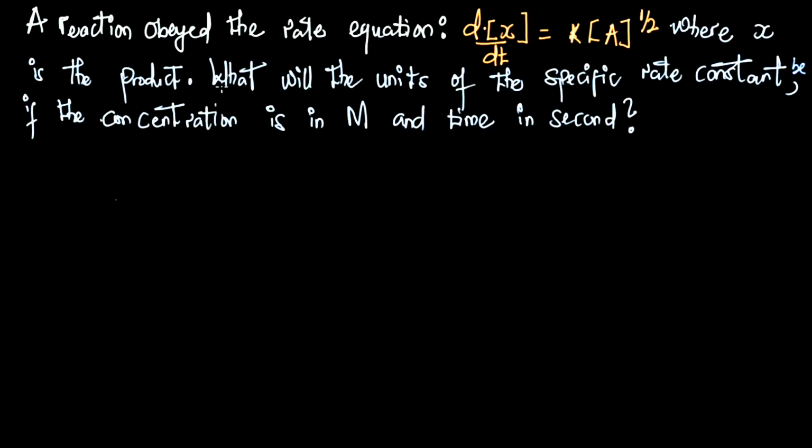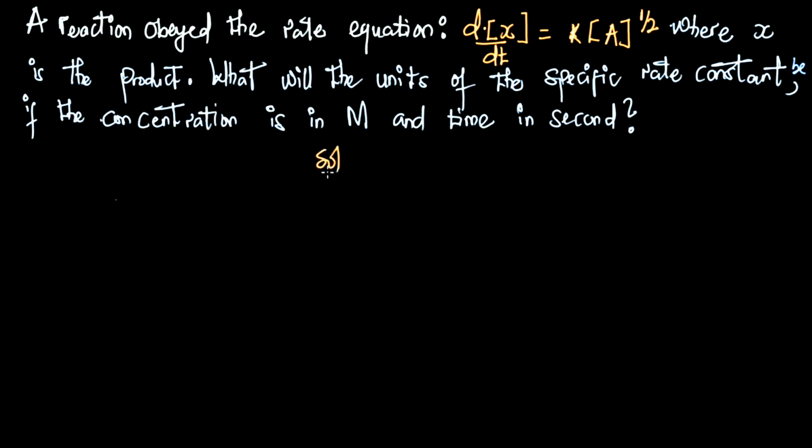A reaction obeyed the rate equation, dx over dt equals the rate constant times the concentration of E raised to the power of 1 over 2, where x is the product. What will the unit of the specific rate constant be if the concentration is in molar and the time is in seconds?